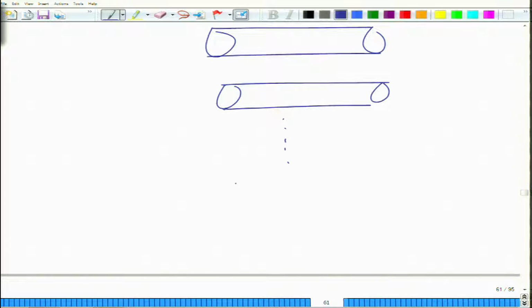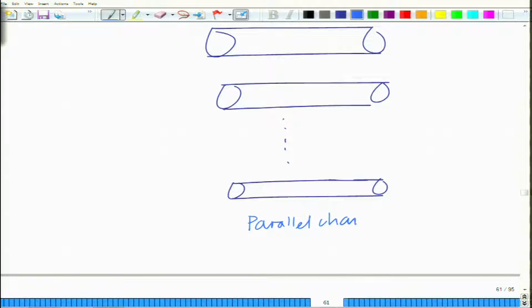Let us assume that these are arranged in decreasing order of gains. So, these are a set of parallel communication channels. When I say a channel, it goes without saying that I am talking about a communication channel.